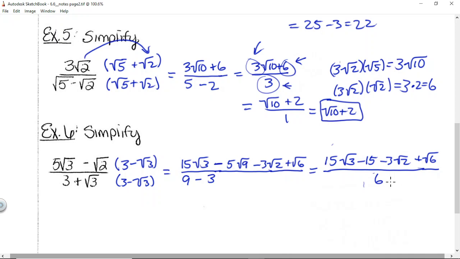And there is not anything, so it's done. Okay, so the techniques for getting rid of the radical in the denominator, those are the 2 that we're going to use. And so that's all for now.